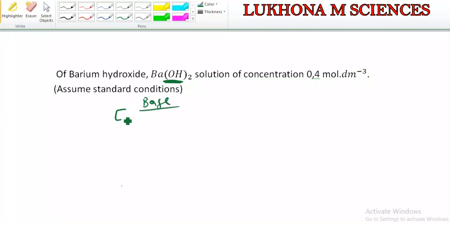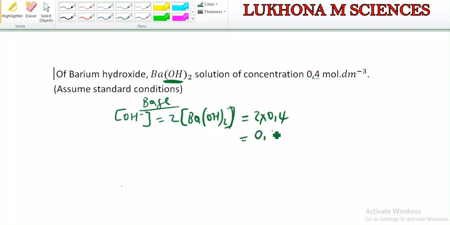Since it's a base, we get OH minus, and there are 2 OH, which means it's 2 times the concentration of barium hydroxide, which is equal to 2 times 0.4 in this case. Then we have 0.8 moles per dm cube.